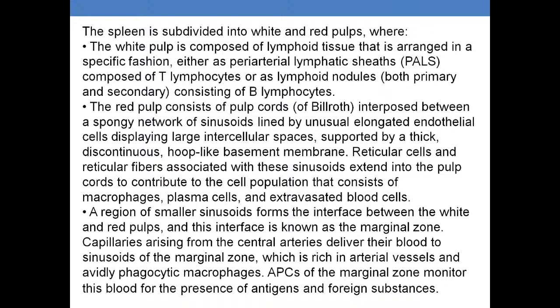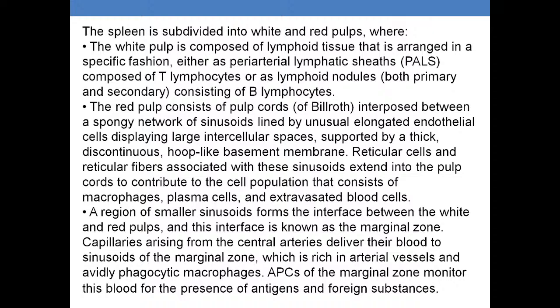The red pulp consists of pulp cords of Billroth interposed between a spongy network of sinusoids lined by unusual elongated endothelial cells displaying large intercellular spaces supported by discontinuous hoop-like basement membrane.